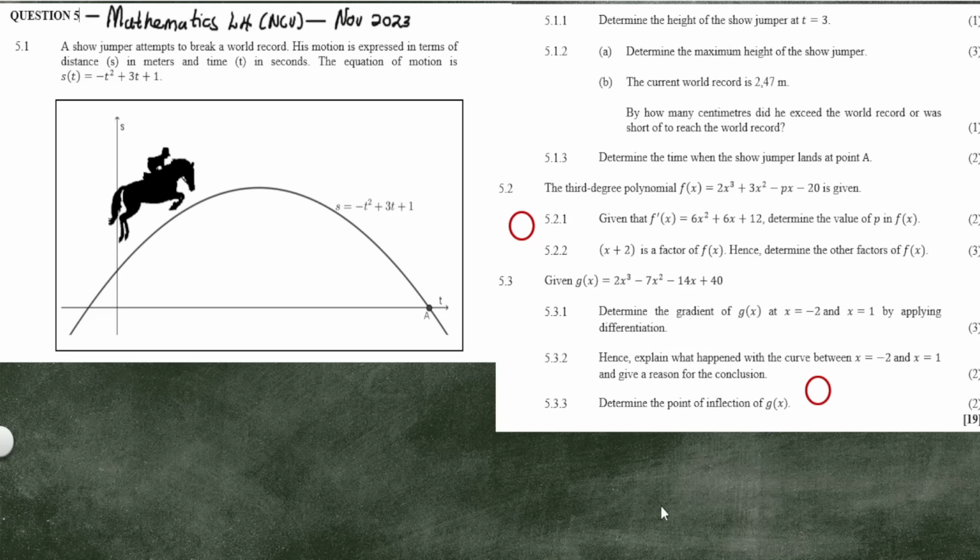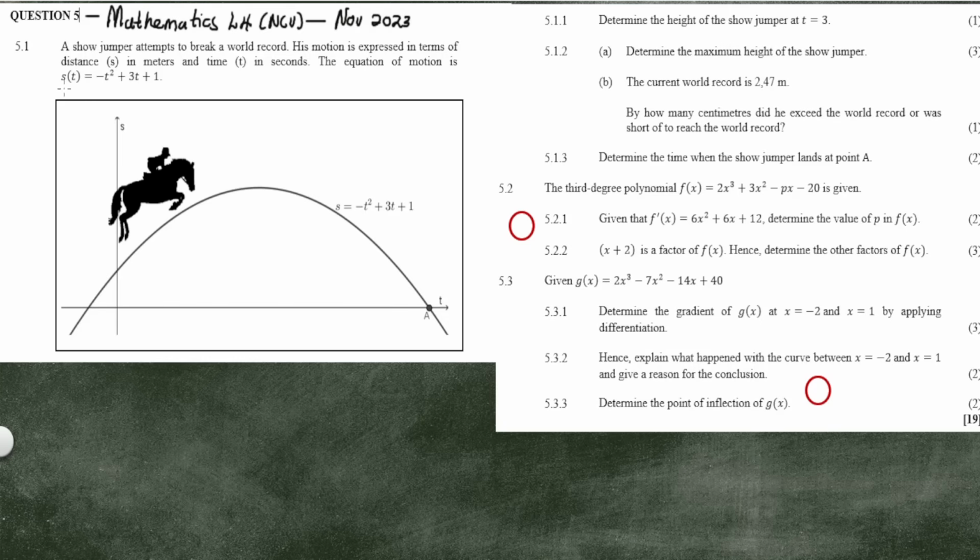Now, question 5.1, they are showing us a show jumper who attempts to break a world record. His motion is expressed in terms of distance in meters and time in seconds. The equation of motion is given as this.